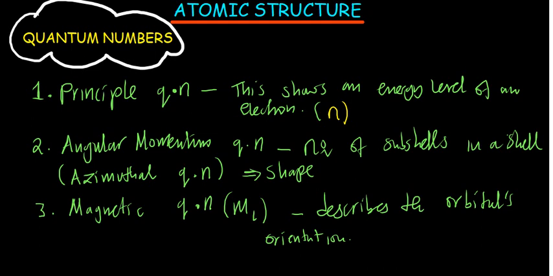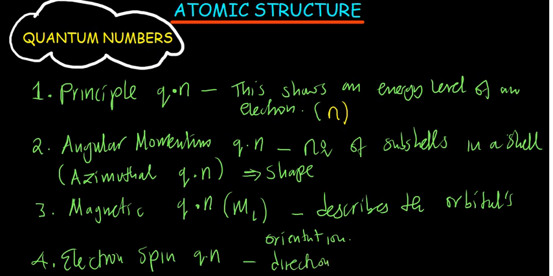Now, the last quantum number, I'm going to describe them for a second time, is the electron spin. Electron spin quantum number. Now, for this one, it just describes the spin. The spin is just a direction, so the direction of an electron. Okay, the symbol, this one is m with a small s.